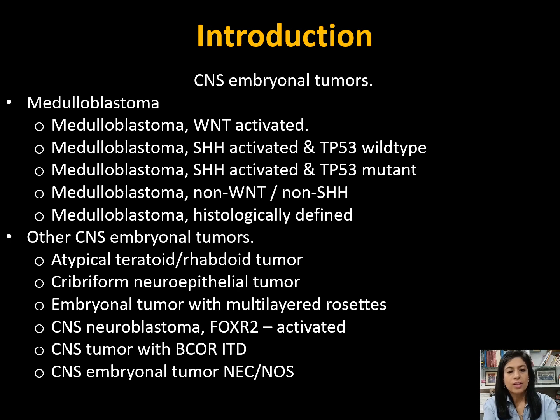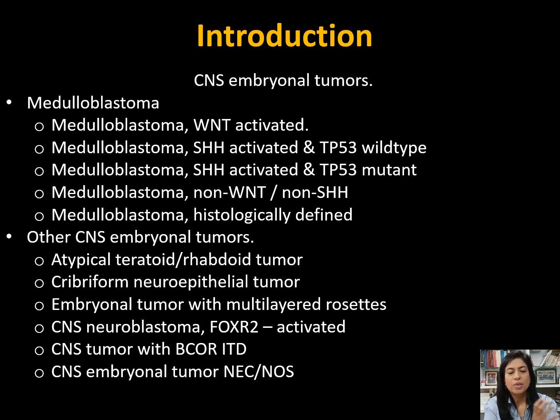So coming to introduction, CNS embryonal tumors encompass a heterogeneous group of malignant tumors composed of immature cells resembling neural progenitors. These are mainly but not exclusively diseases of childhood. Medulloblastomas originate from the cerebellum or the dorsal brainstem.